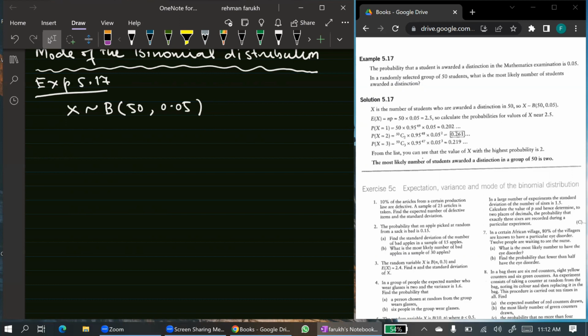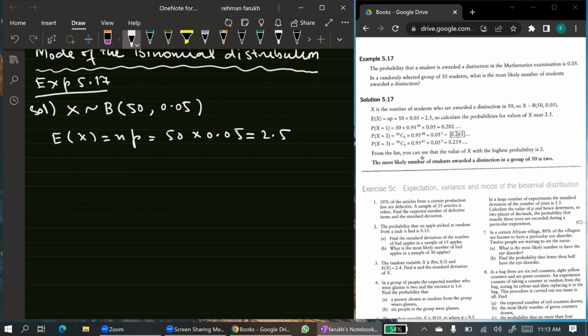The formula for the mean is expected value of X equal to np. 50 into 0.05 is equal to 2.5. So the mean is 2.5. Mode is also close to 2.5.